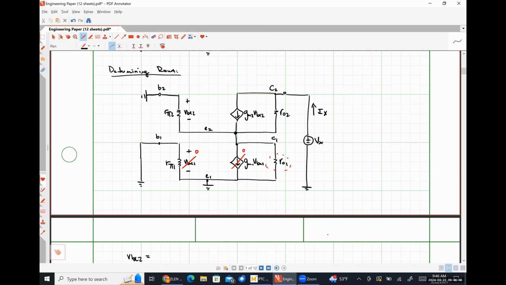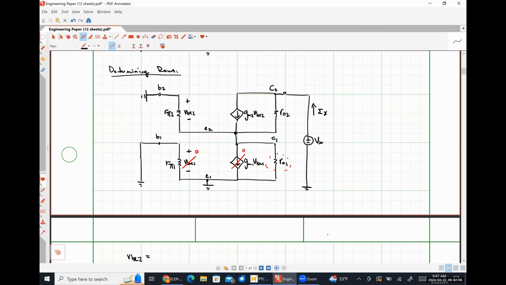However, the collector of transistor 1 is tied to the emitter of transistor 2, and the emitter of transistor 1 is at ground. So R01 appears as if it is in parallel with the resistance R pi 2, because they're both between emitter 2 and ground. Are we okay with that? Okay.